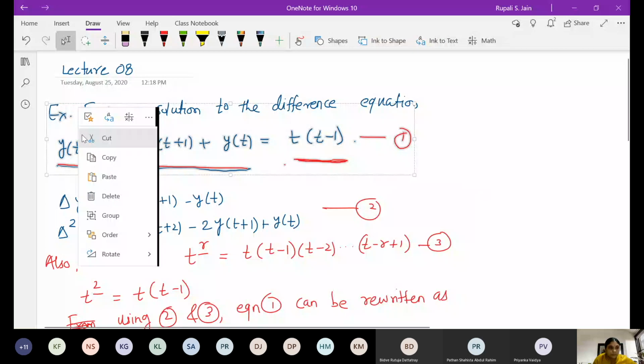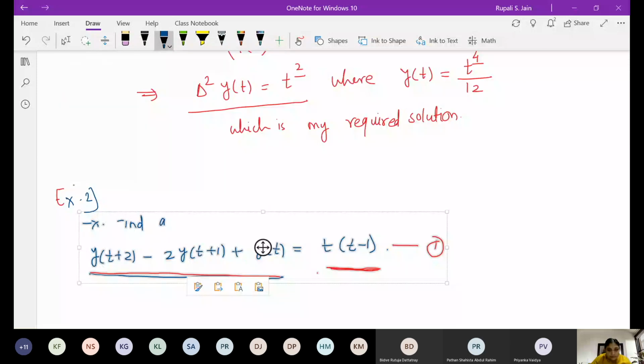Example 2. Now I want to find the solution of this difference equation. Can you try?